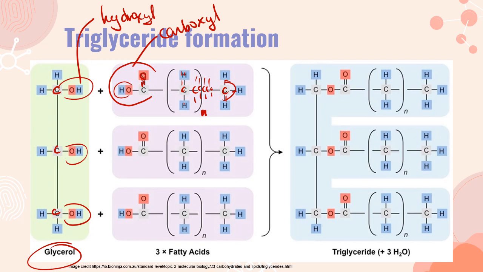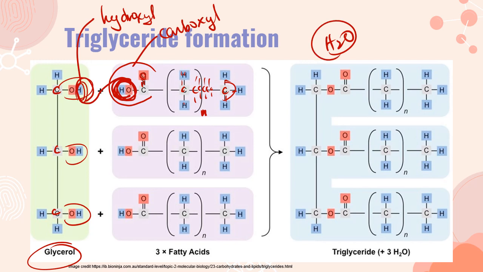When we build our triglycerides, we're going to take the H from the glycerol's hydroxyl. We're going to take the OH from the carboxyl group of the fatty acid, and you guessed it, 2 H's and an O makes some water.